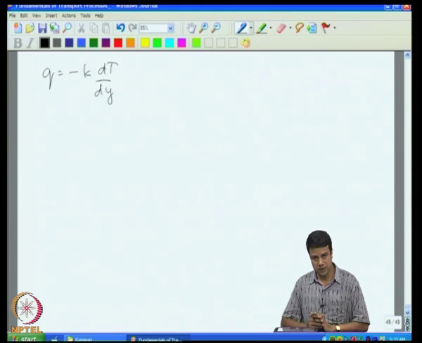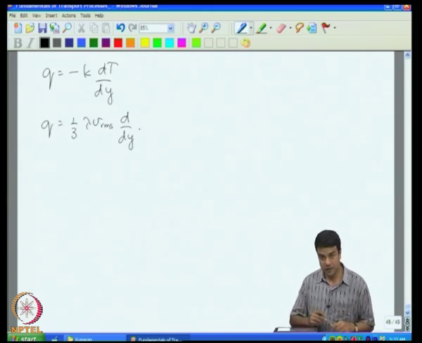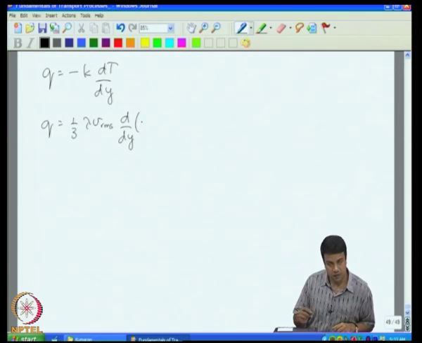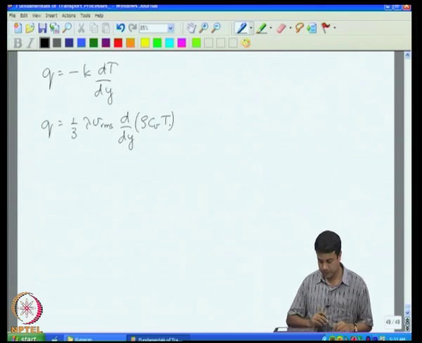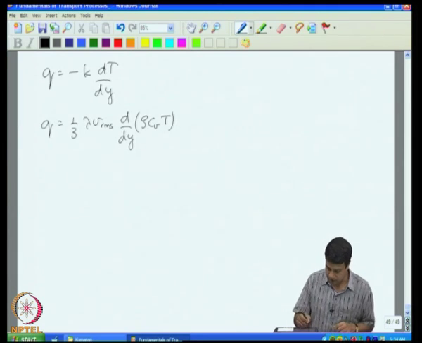So in order to get this equation into this form, we have to write the energy flux as 1/3 lambda Vrms into d by dy of the energy density, energy per unit volume. If the system is at constant volume, then this will be the mass density times specific heat times temperature. Mass density, as I told you, is equal to number density times molecular mass, with the negative sign here.